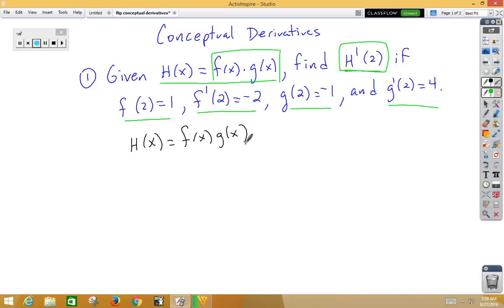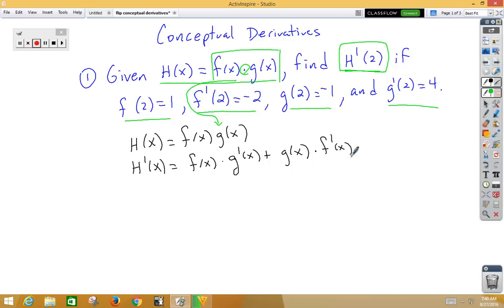Notice that you can write it with the multiplication symbol or without the multiplication symbol. Well, h prime of x would be the first function multiplied by the derivative of the second function plus the second function multiplied by the derivative of the first function.